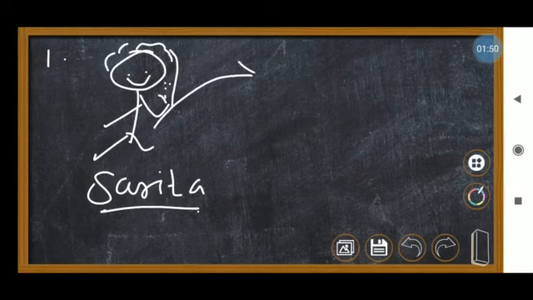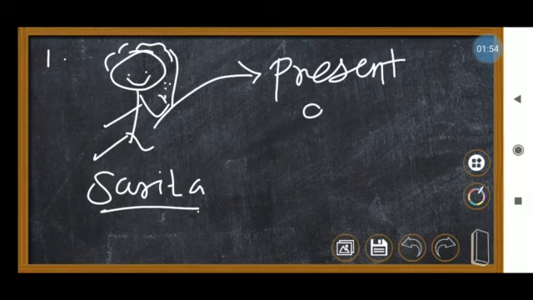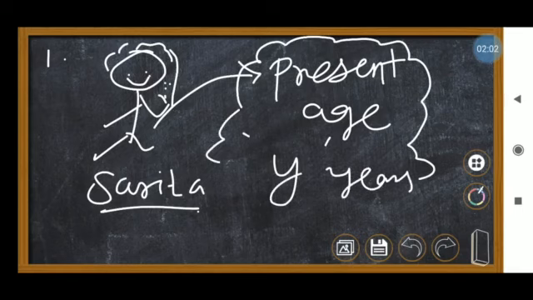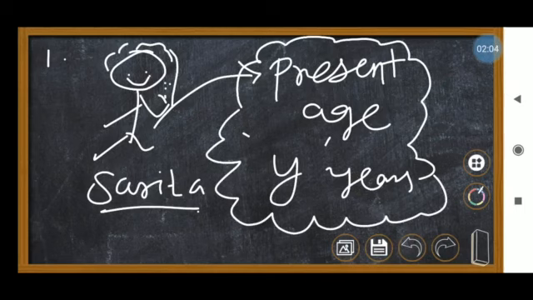So I will write Y years. Y is the variable we have taken. Okay, what's the question? The first question we will solve: what will be her age 5 years from now? First we have to write the present age.